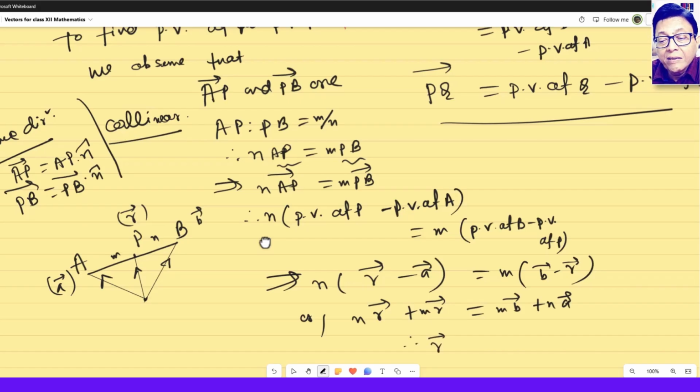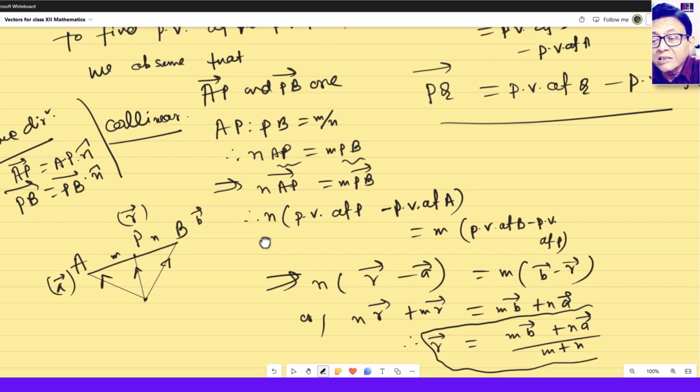So R vector is going to be mB plus nA by m plus n. So in vector also the relation is like the section formula you got in coordinate geometry. Okay.